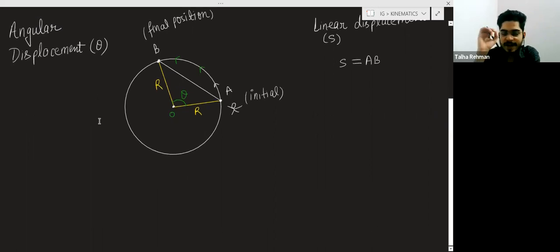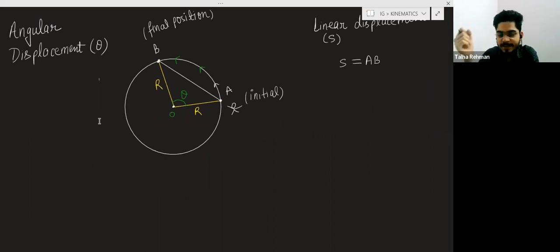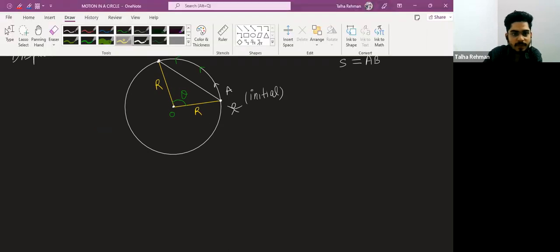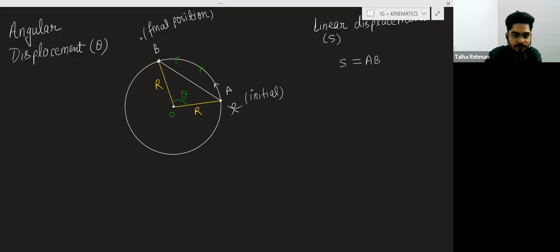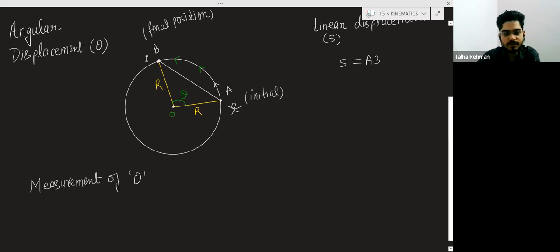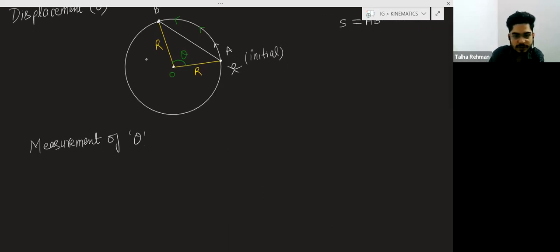Okay. This angular displacement is an angle, and we measure angle in degree or radian. So we can say here, measurement of theta. What is theta? Angular displacement. So this can be measured in two ways.